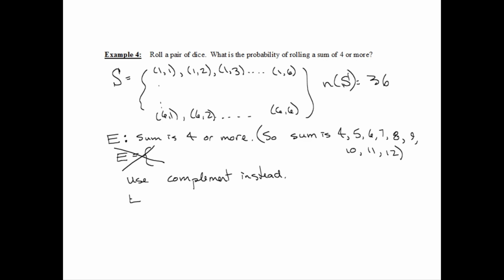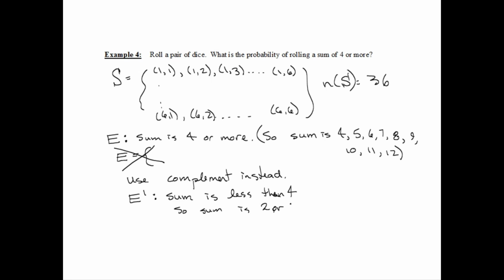Okay, so let's write down E complement. Let's write it down in words first. So, if the sum is not 4 or more, what is it? Well, that means it's going to be less than 4, right? Okay, if it's less than 4, what's the smallest sum we can have? 2.